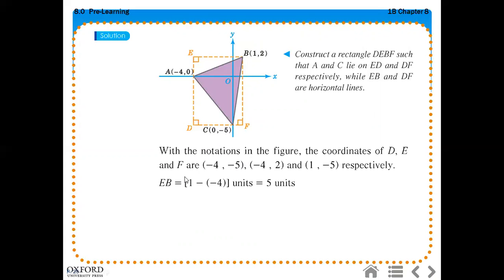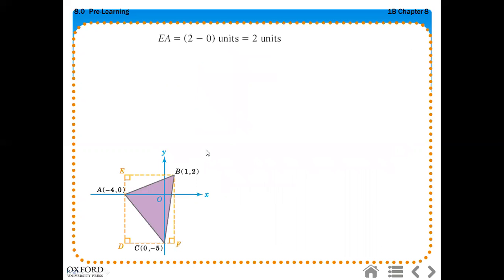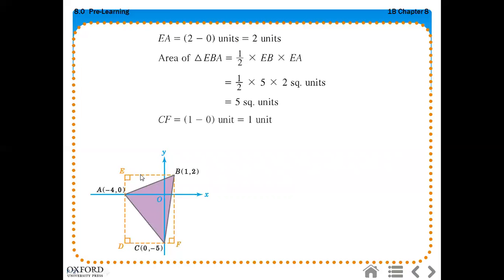Draw the lines. And find the lengths BE, BF. And find the area of the rectangle. The next, find the area of these 3 triangles. BE we have done already, so we find EA. Then find the area of this triangle on the upper left-hand corner. And the next, find CF.